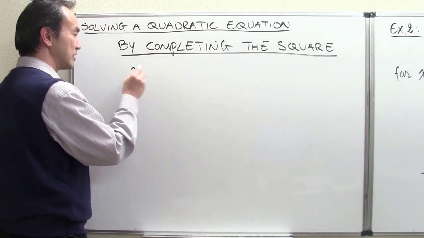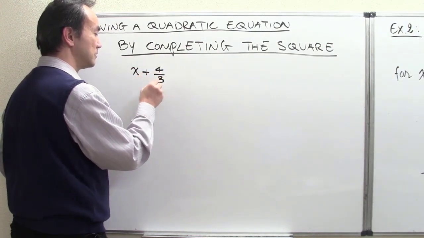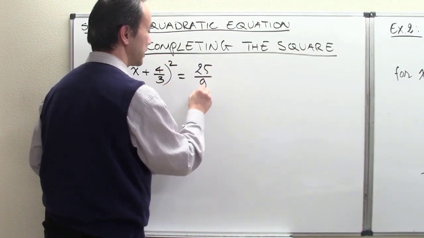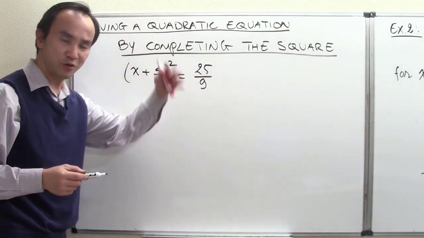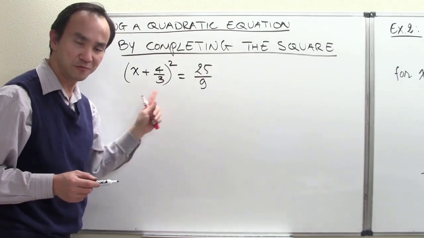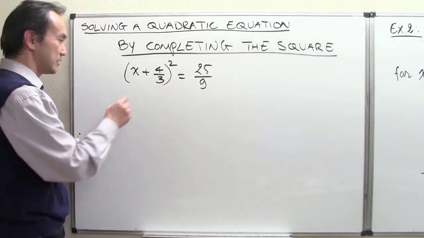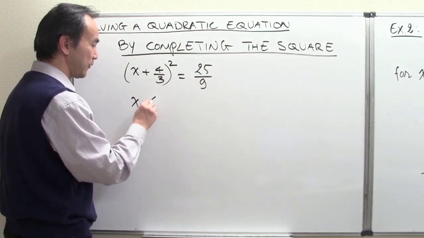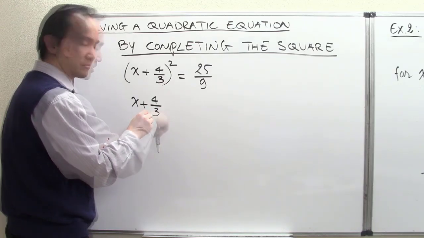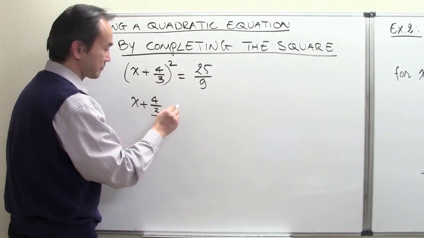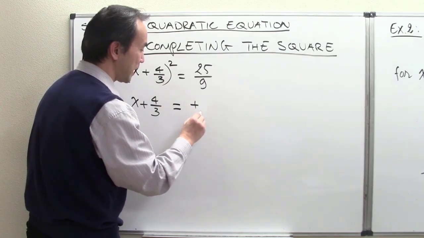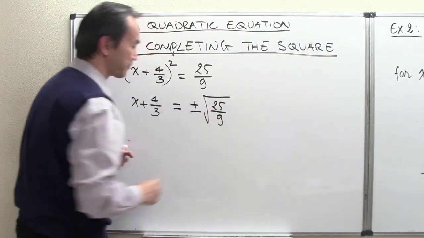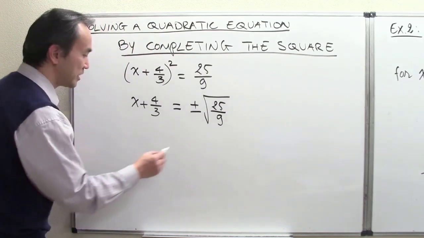Then with our equation at this point, (x + 4/3)^2 equals 25 over 9, I can now start using the square root property to find the solution to this equation. The square root property says this equation becomes x + 4/3, without the square, equals plus and minus the square root of 25 over 9, which essentially gives me two separate equations.